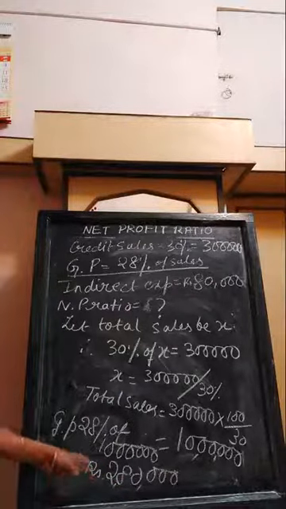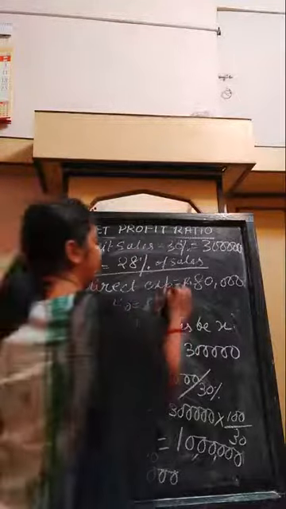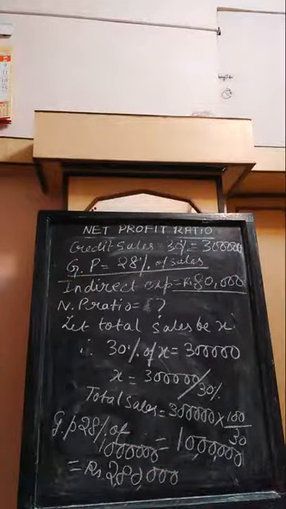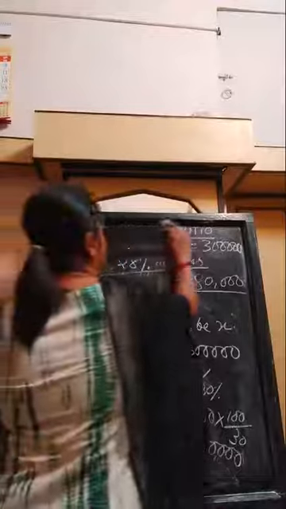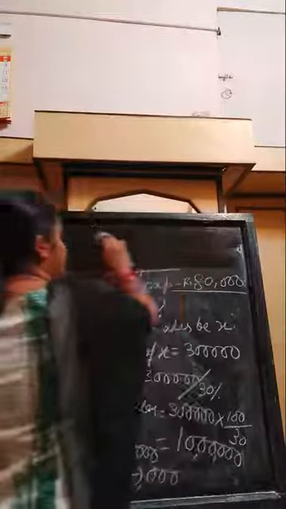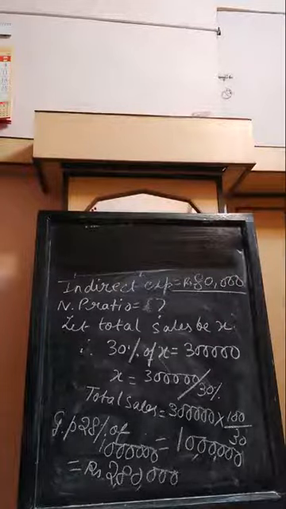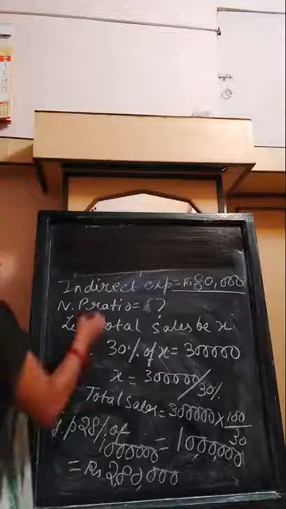From this GP we will deduct 80,000. Now we will utilize the indirect expenses, that is 80,000. How will we use it? I am rubbing this portion of the sum. We will utilize now this part of the sum, that is total indirect expenses is given as 80,000 and GP we have found out to be 2,80,000.